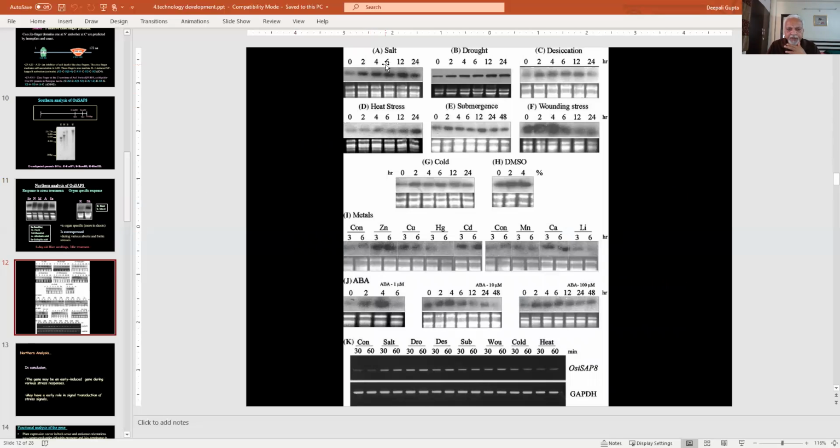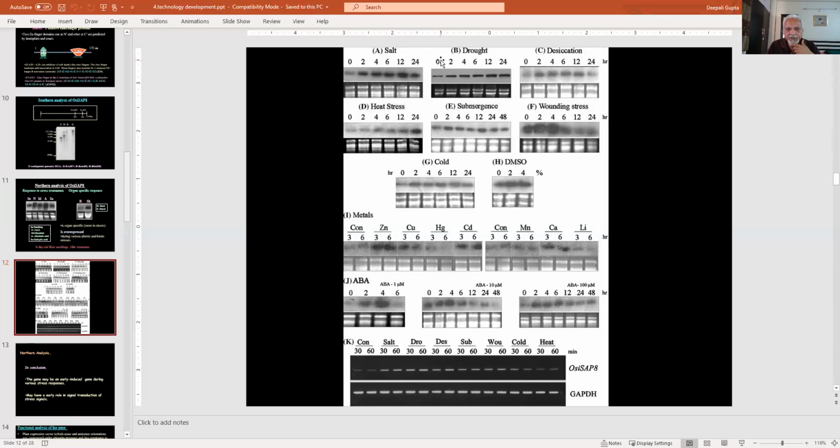If you see under salt conditions, 0 means before the start of the stress conditions, then 2 hours, 4 hours, 6, 12, and 24. That's how the RNAs were extracted at different times, run on gel, transferred, and then probed with the cDNA of SAP8.